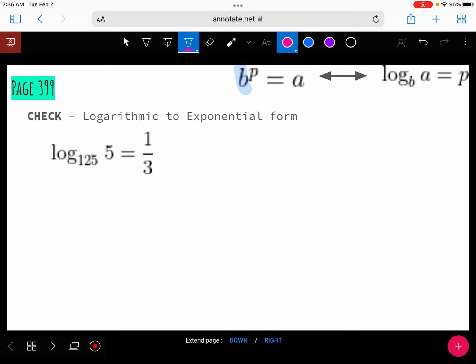B, P, A. The very bottom of the page. Give it a shot.